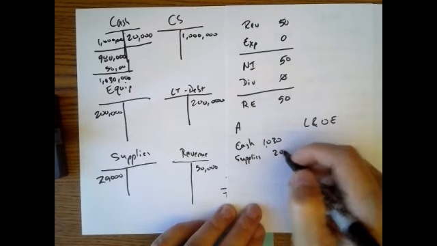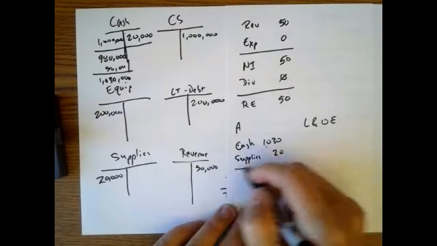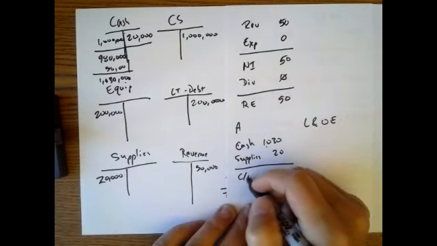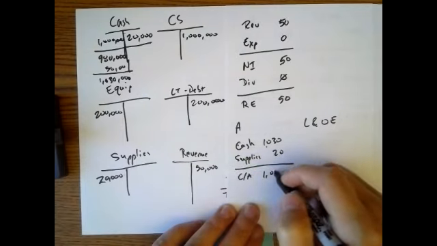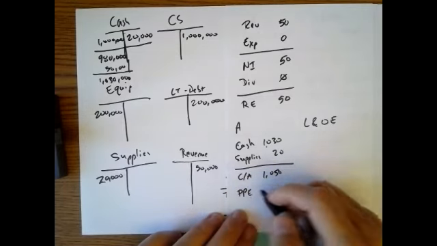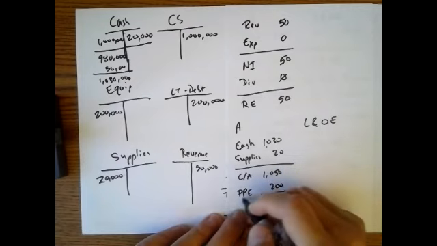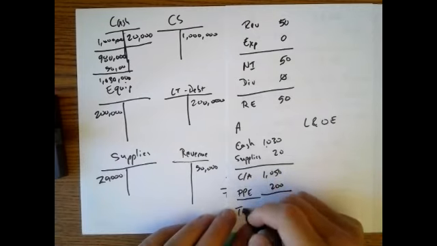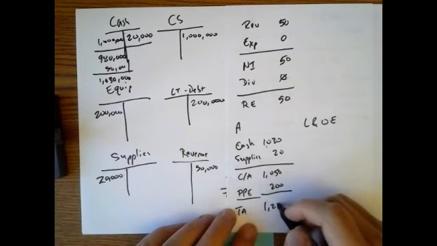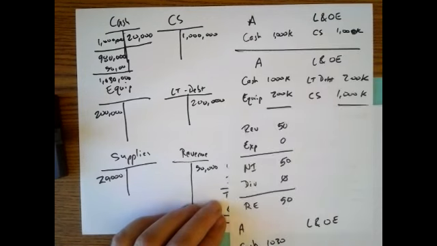Doesn't matter, supplies or inventory is fine. Supplies and inventory of 20,000 for current assets of 1,050. Equipment, property, plant, and equipment of 200. We now have total assets of 1,250.